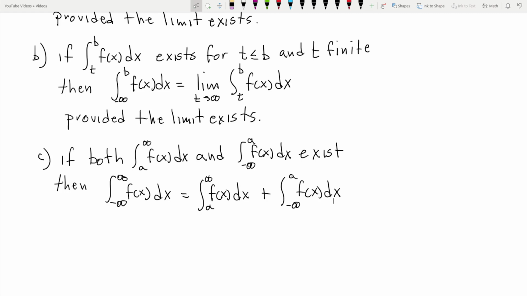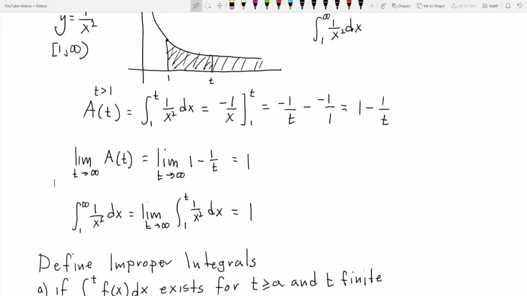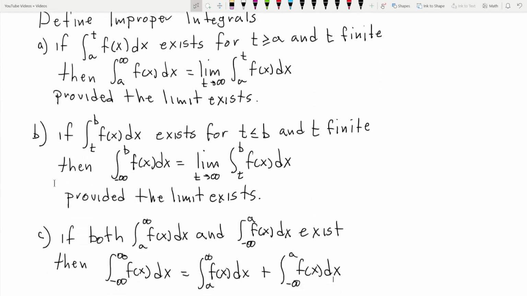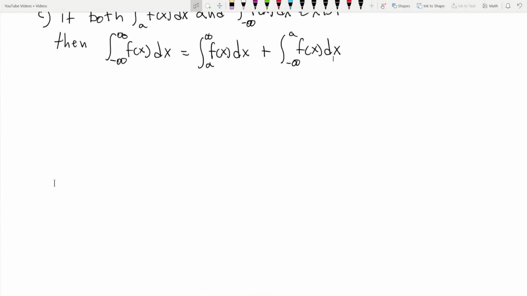Okay, so let's look at another one. We saw up here one where we were able to actually find a finite antiderivative. Let's take a look at another one similar to that, and that is the antiderivative from 1 to infinity of 1 over x dx. Let's see what happens with that.